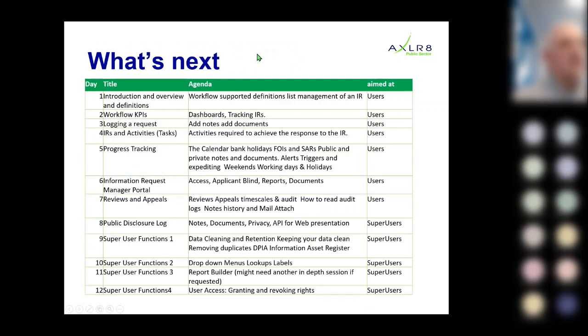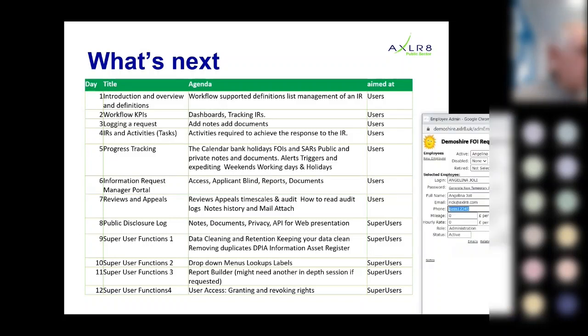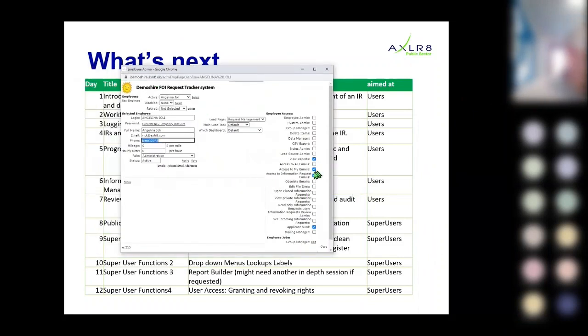You can see that they can see the emails or not, depending on whether you tick this box here, this access to my emails or access to information request emails. So it may be that you just don't give them that tick box at all. Assuming that you have the email, I think virtually everybody has the email archive system now.